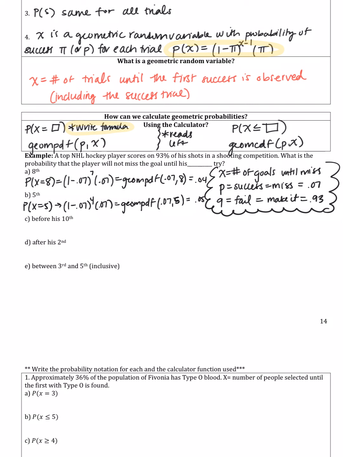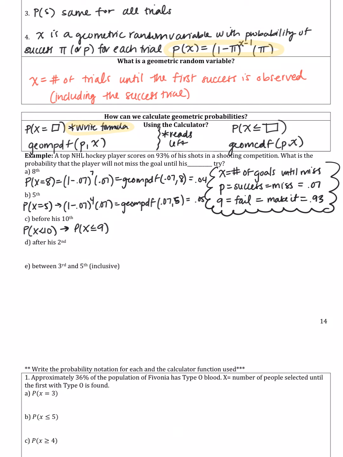Before his 10th. So this would be the same as the probability of x being less than 10, because before his 10th implies 10 is not included. So in order to make this work, we have to write our probability statement in a less than or equal to format. So less than 10 is the same as less than or equal to 9.